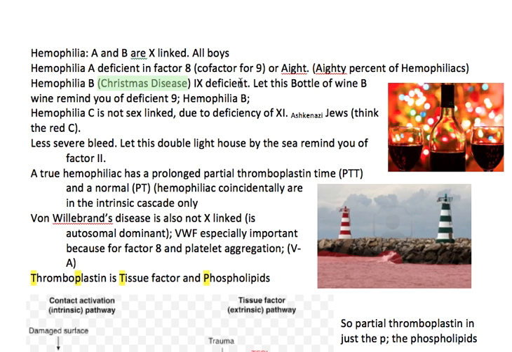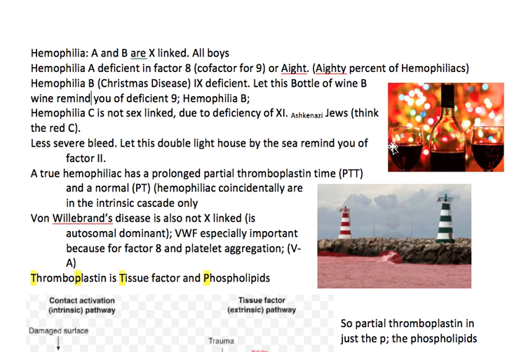So basically I got two little mnemonics to remind you of this. So the hemophilia B, you say hemophilia bottle of wine instead of B, and let the bottle of wine remind you both of first, Christmas disease.